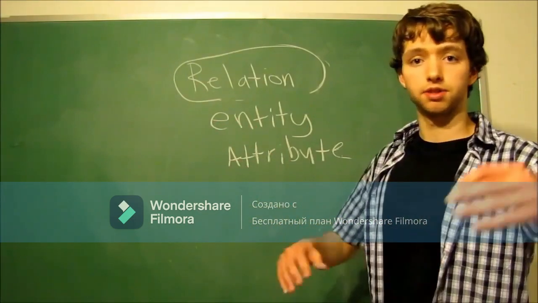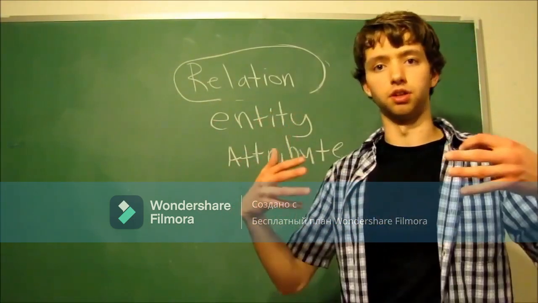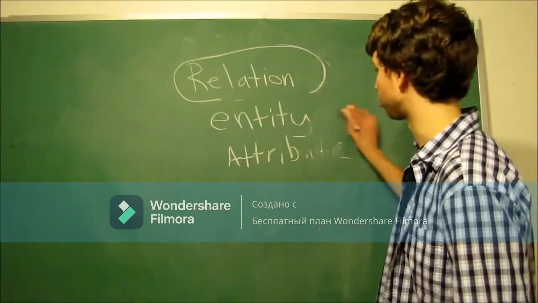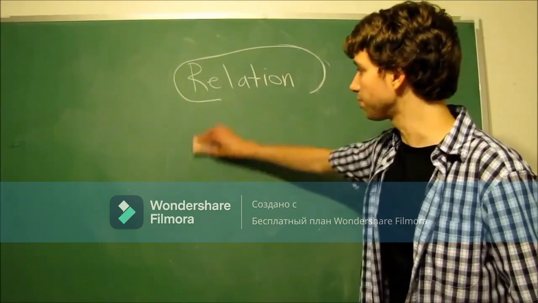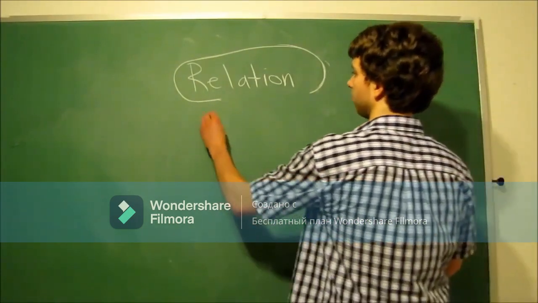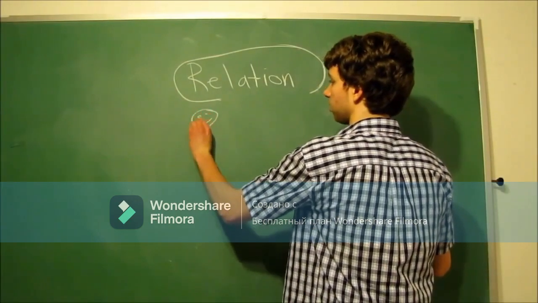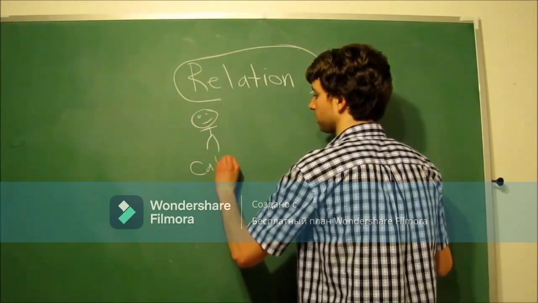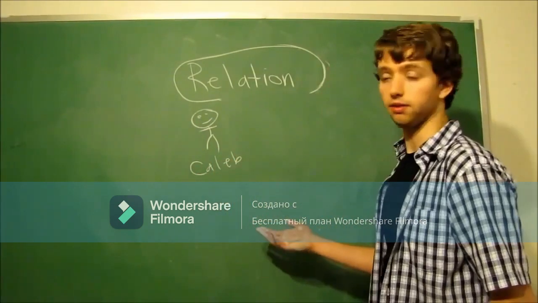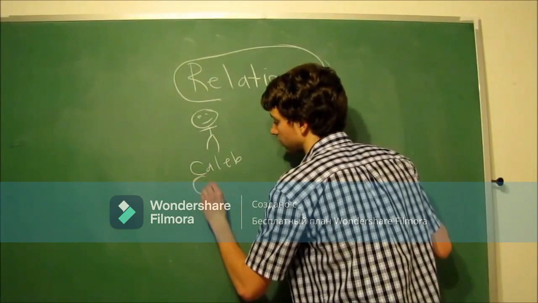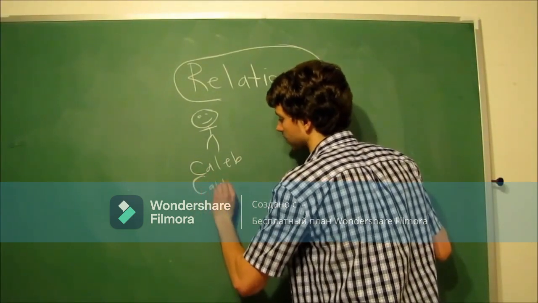When we apply this to this connection with the relation, we have the attribute types and the attribute values. So let's say we have this person over here, and we'll name him Caleb because it's an awesome name. And we'll also give him a username, CalebCurry, with no spaces.